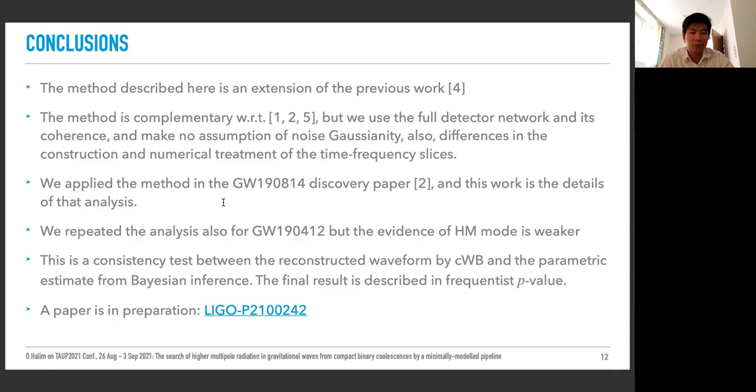And we applied the method in the discovery paper of GW190814, and this is the more detailed analysis. And then we also tried GW190412, but the evidence is weaker for higher mode. And this is to note the consistency test between the reconstructed waveform by CWB and parametric estimates by Bayesian inference. And the final result can be described in a frequentist p-value.